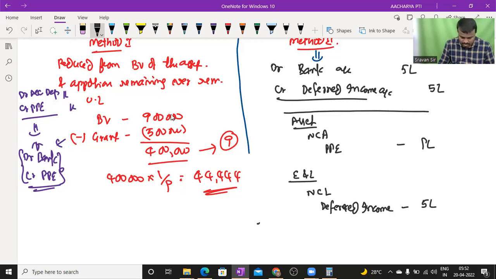Then at the end of the second year, they provide the depreciation: debit depreciation, credit accumulated depreciation.